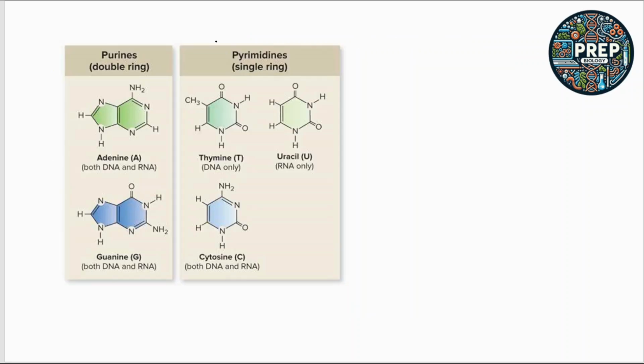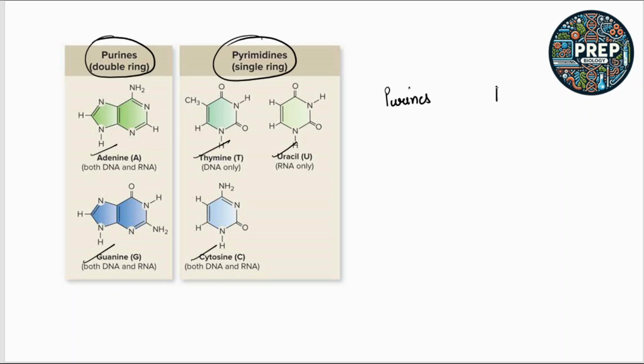So we know that there are two kinds of nucleotide bases, purines and pyrimidines. Under the purines we have adenine and guanine. Under the pyrimidines we have thymine, cytosine and uracil. This difference between the purines and pyrimidines is very important.